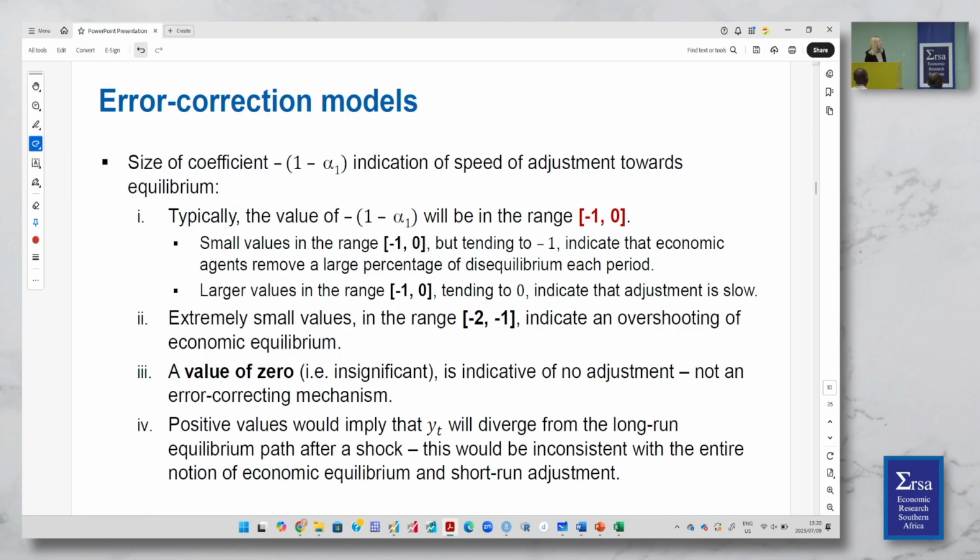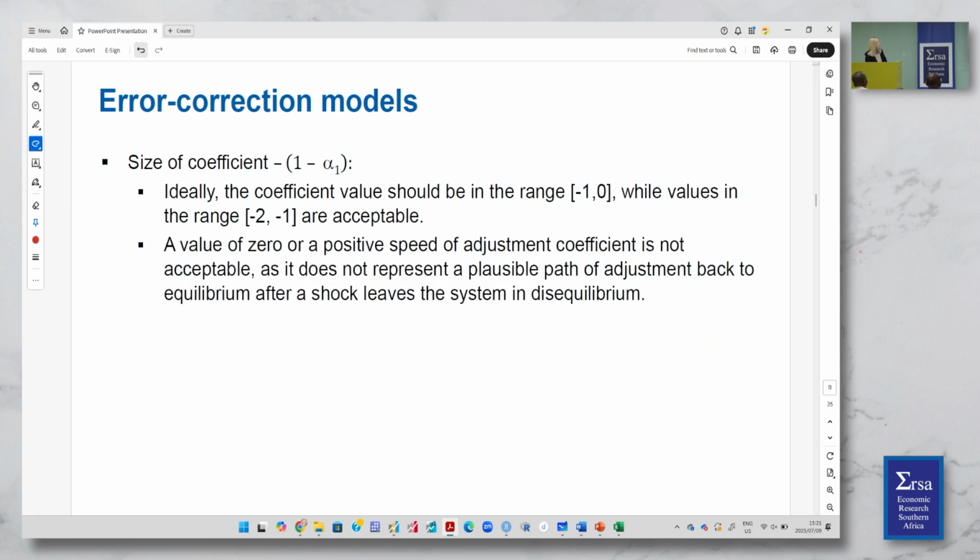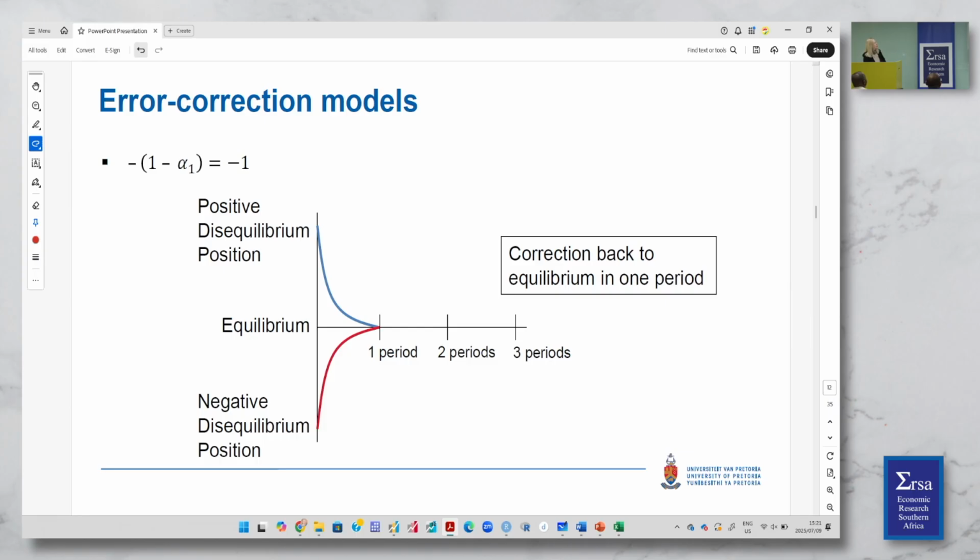Technically, it can go up to -2, and we will see what will happen then. Then we will actually correct too much, and then have to correct back, and eventually converge back. And if it's exactly 0, there will be no convergence. So I think that we can see in, this is just a graphical depiction.